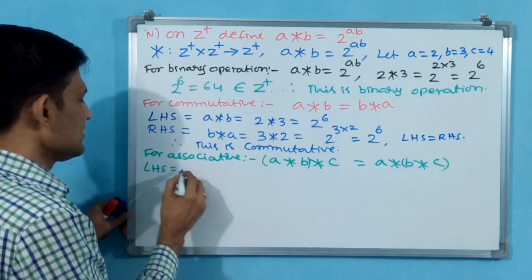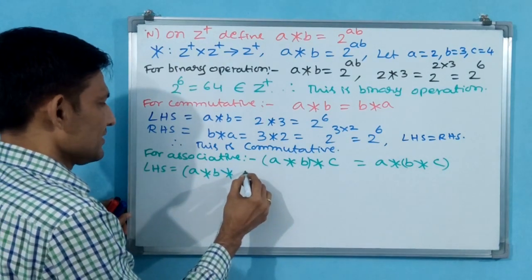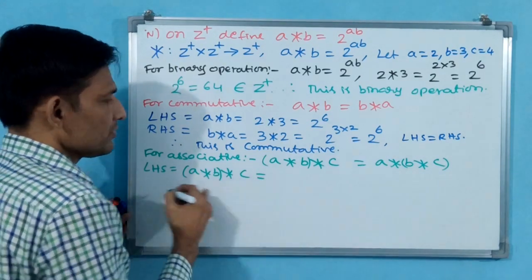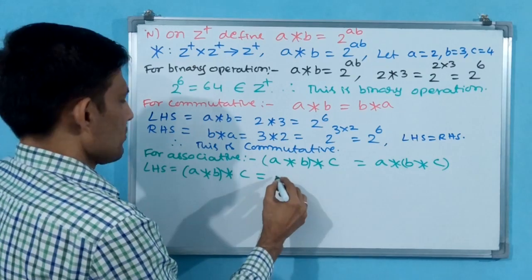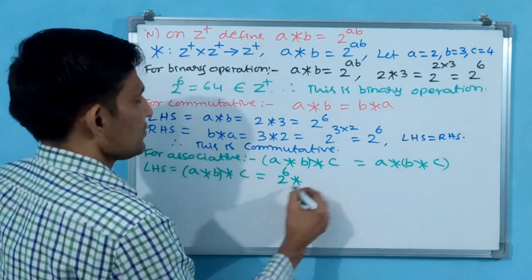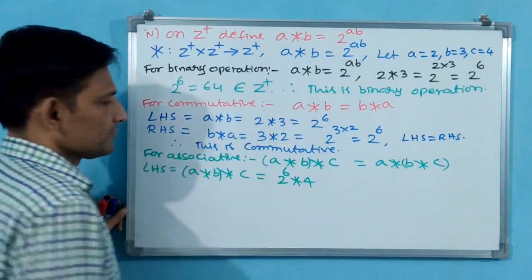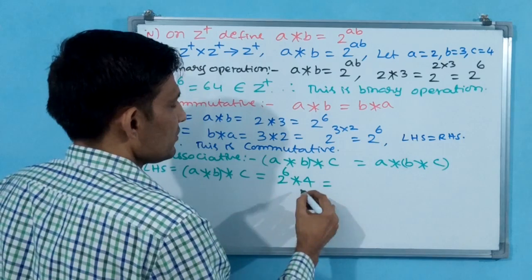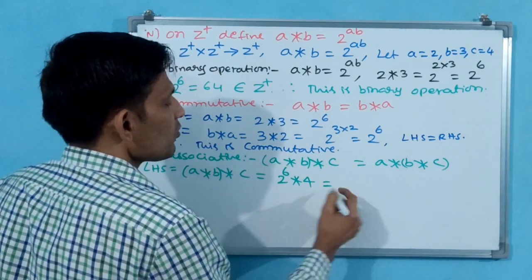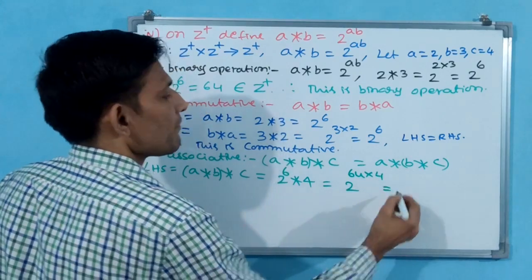LHS is equal to A star B star C, that is equal to A star B, how much? 2 power 6. 2 power 6 star C, C is how much? C is 4. Now if you want to remove star, 2 power 64 into 4.